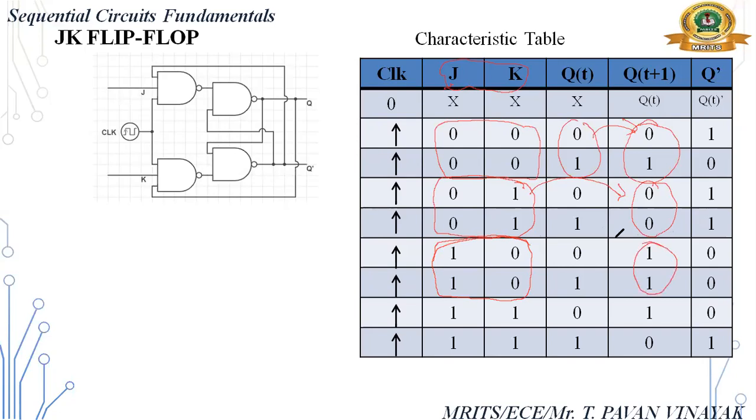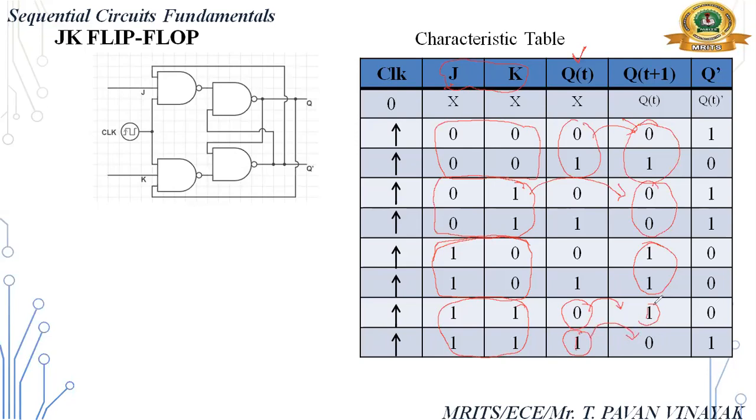Next, whenever JK is 1 1, output depends on Q of t. Here Q of t is 0. So what is Q of t plus 1? It is the complement of this one. So complement of 0 is 1. Next, here Q of t is 1, so complement of Q of t is 0.